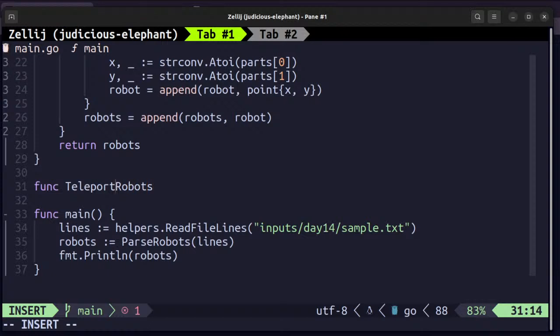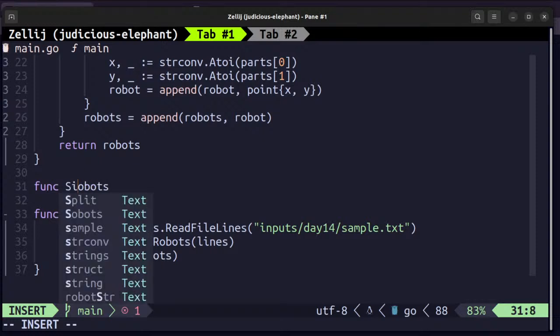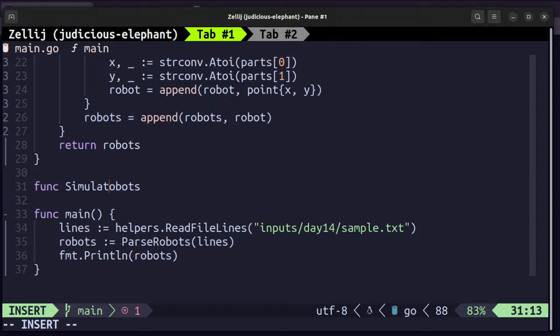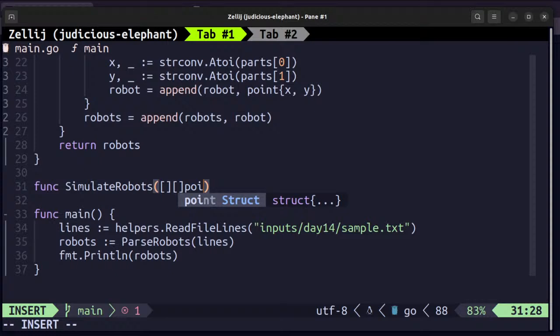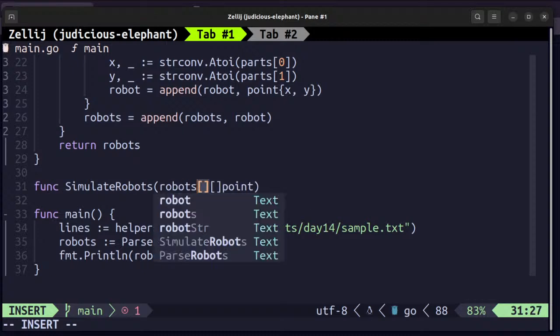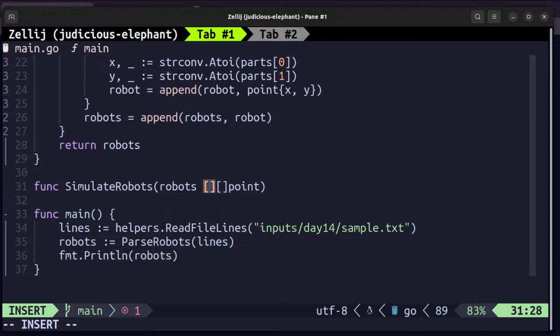Why is naming such a bad thing? So simulate robots, which will be a list of point. And I need to pass in the boundaries as well. Maybe we can hard code that, but if in part 2 it changes, then I'm not sure.